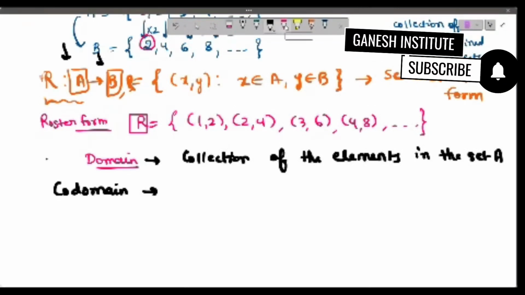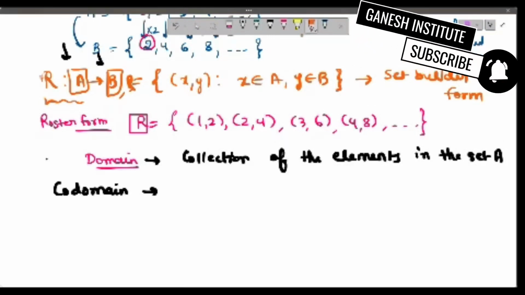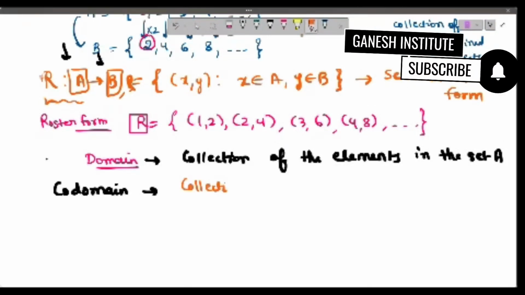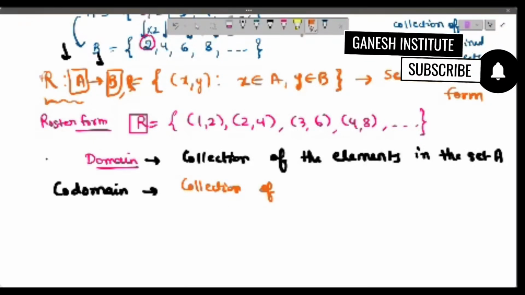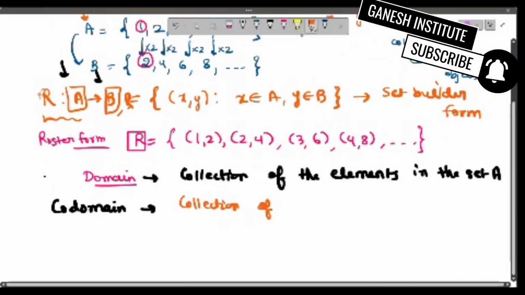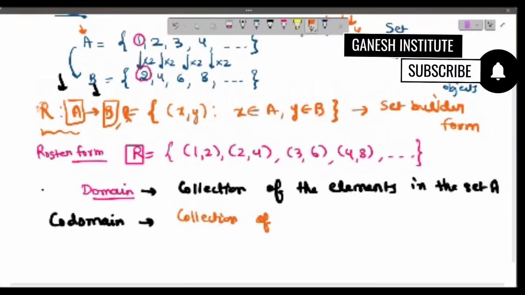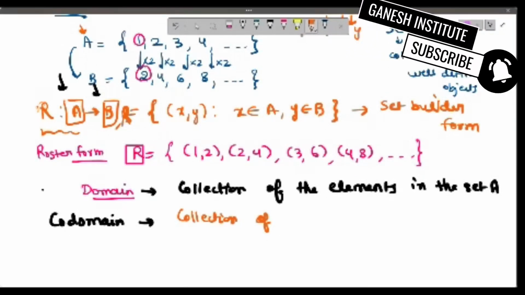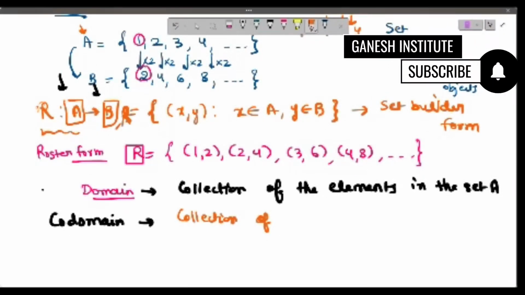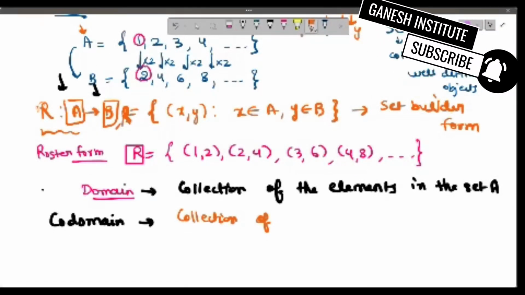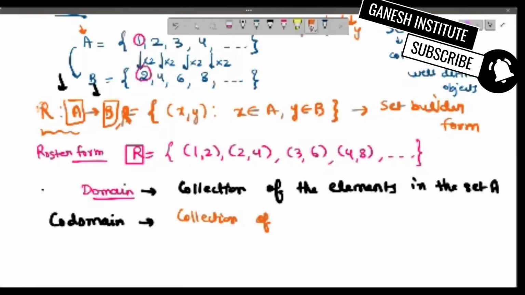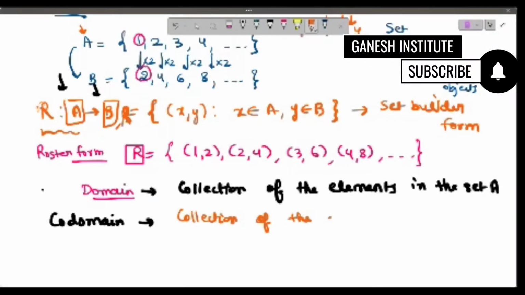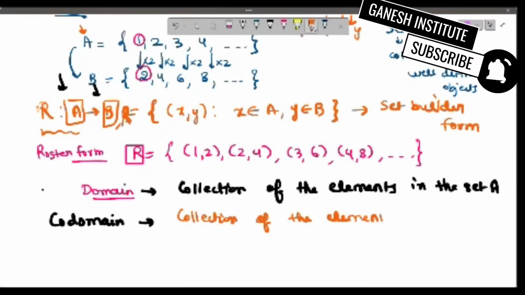All the y values. Not exactly; it is the collection of all the elements in the set B. At the moment we are not talking about functions, it's relation.